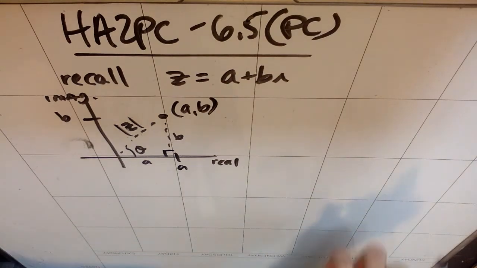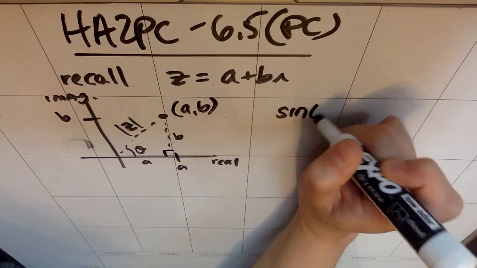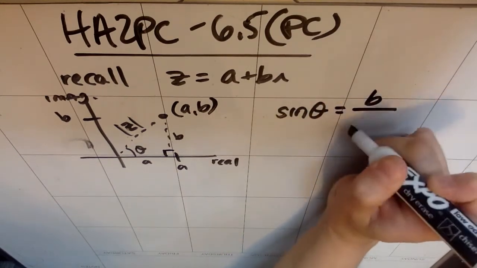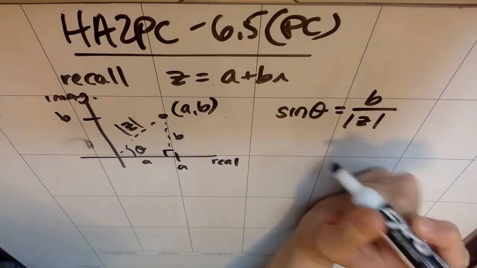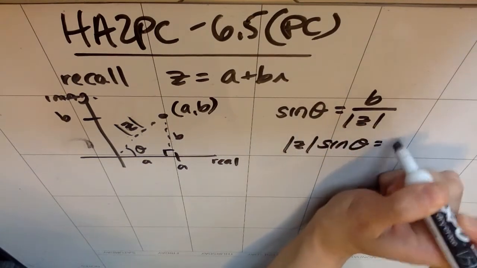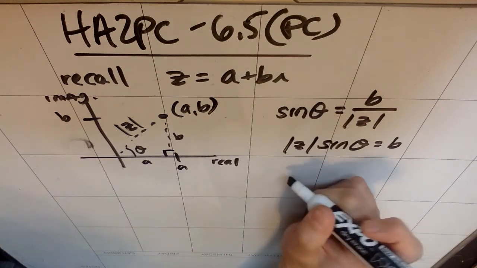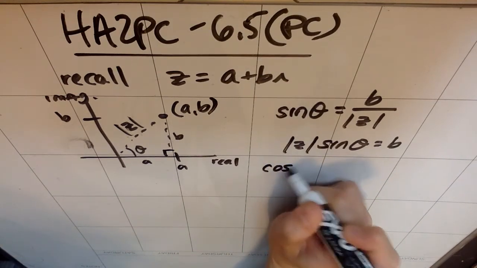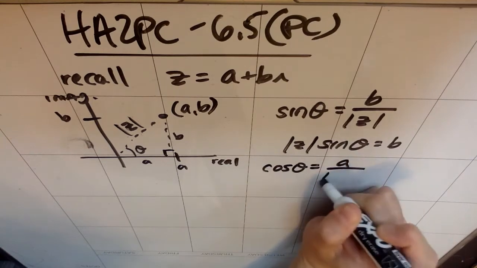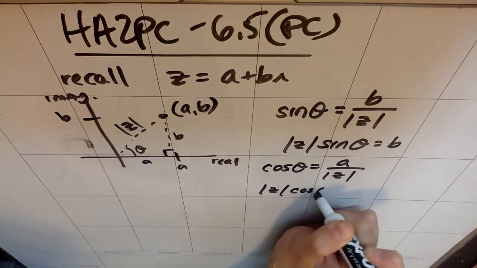So if I use SOHCAHTOA, what I want to point out is that the sine of theta is b over the magnitude of z. So for lack of a better way to say it, the magnitude of z times sine of theta is another way to write my b. And my cosine of theta should be a over that magnitude of z. If I multiply that over, the magnitude of z times cosine theta is my a.